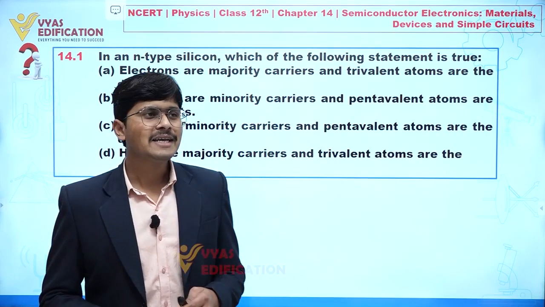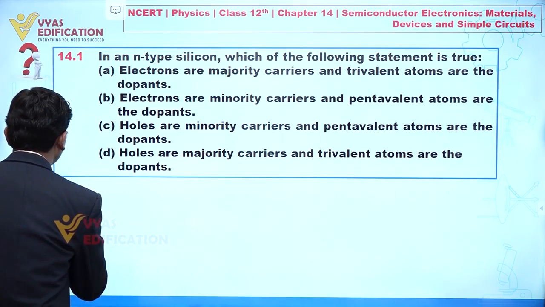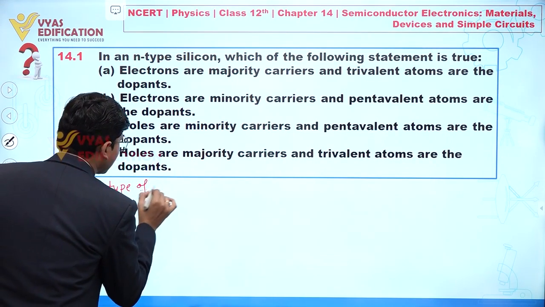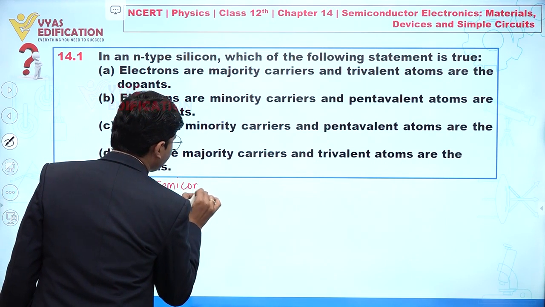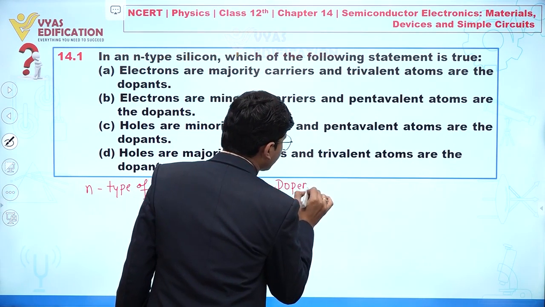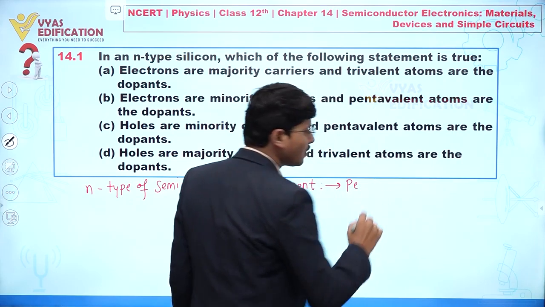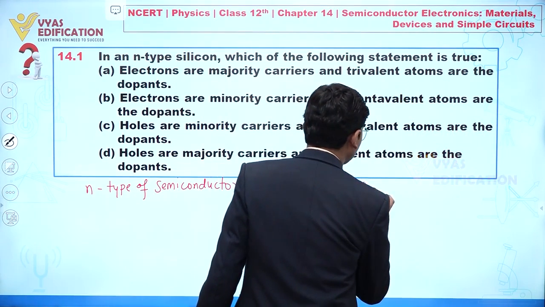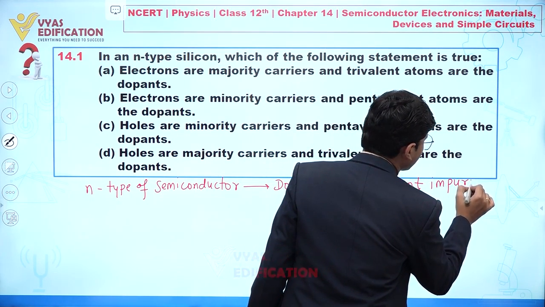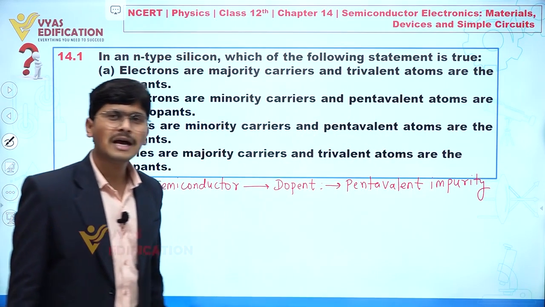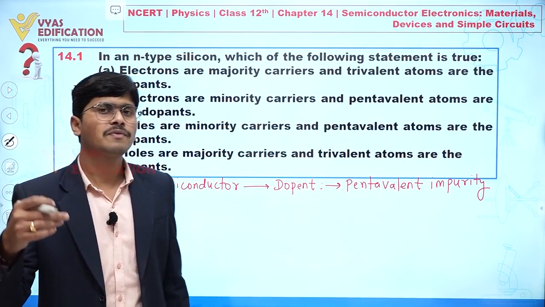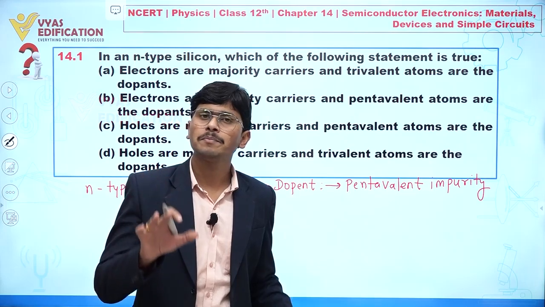So in an N-type of semiconductor, the dopant means we will mix a pentavalent impurity. Clear? What will happen when we add a pentavalent impurity? Pentavalent means nitrogen, phosphorus, arsenic. So this impurity we are adding to a pure semiconductor.